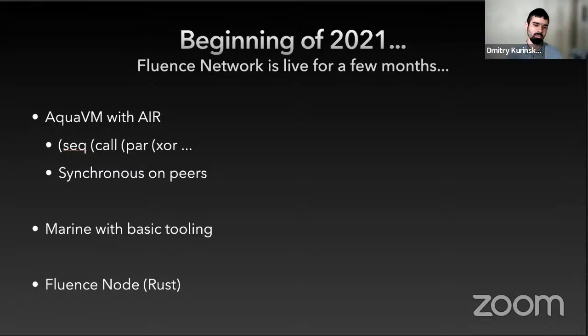And its execution was synchronous on peers, but it also worked. We had Marine, our Rust WebAssembly runtime with basic tooling. It was working. And we had the Fluence node written in Rust as a reference implementation, and it was also working.